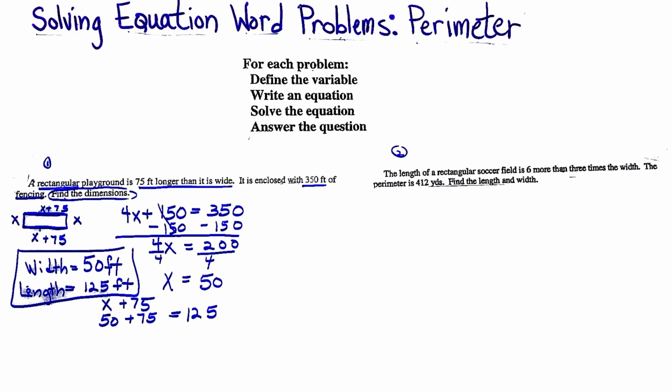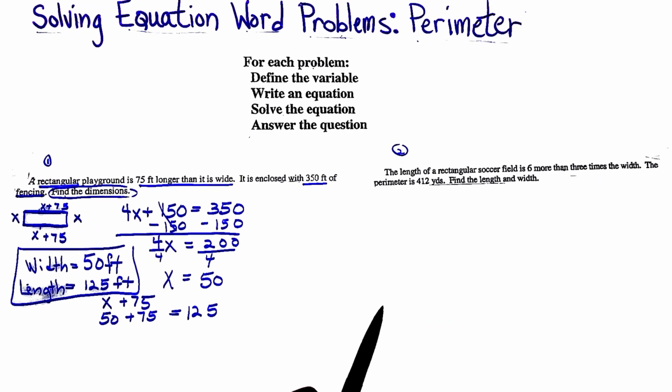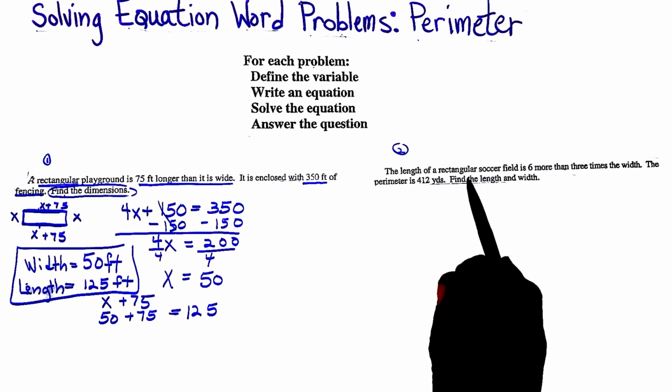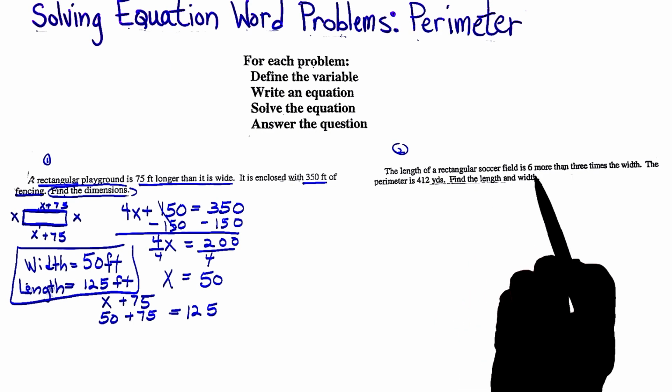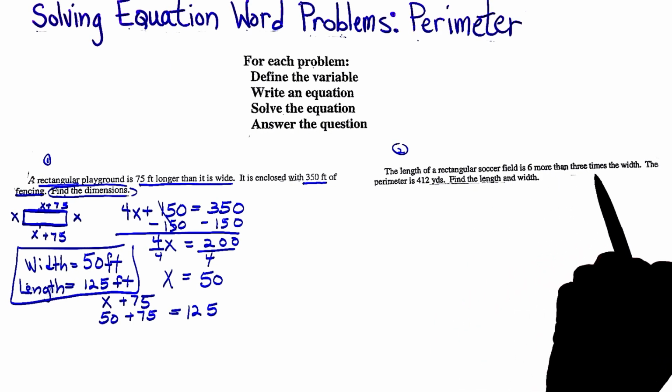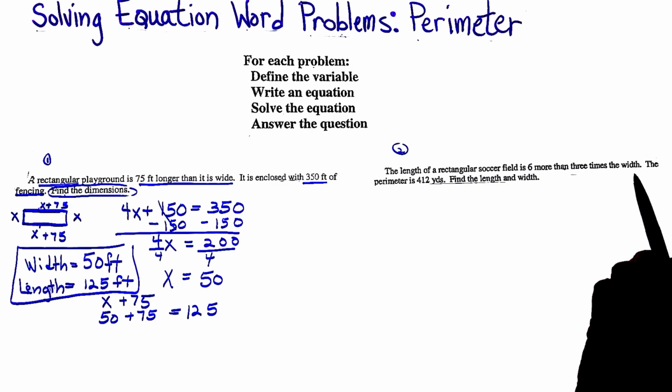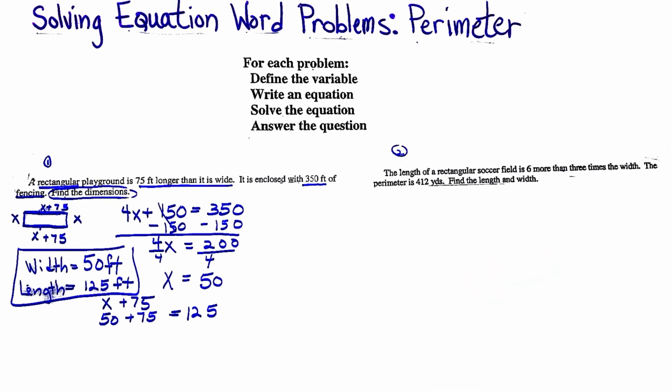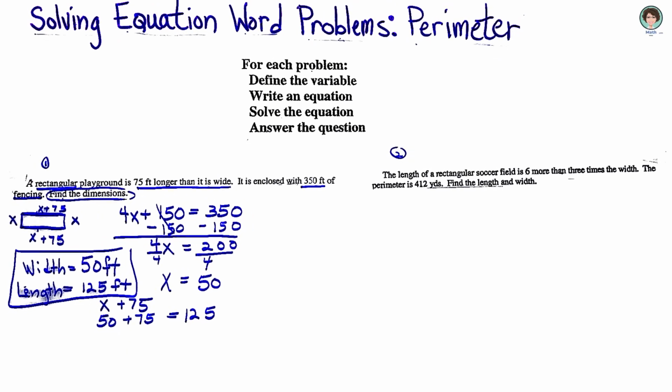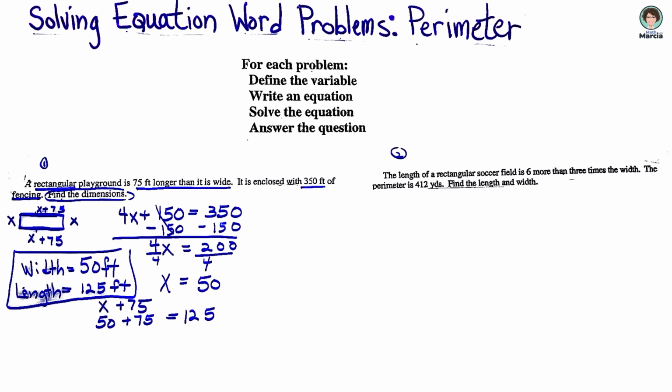All right, so for question number 2, let's read the whole thing. The length of a rectangular soccer field is 6 more than 3 times the width. The perimeter is 412 yards. Find the length and the width.